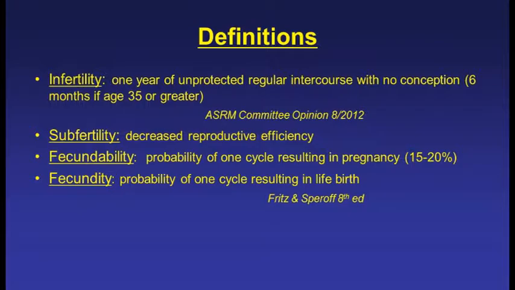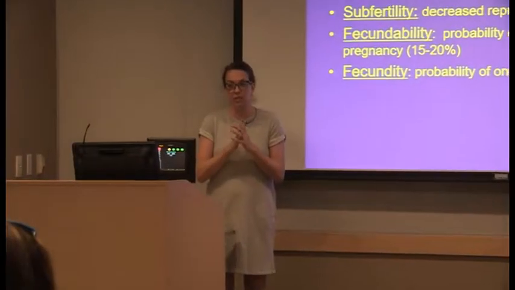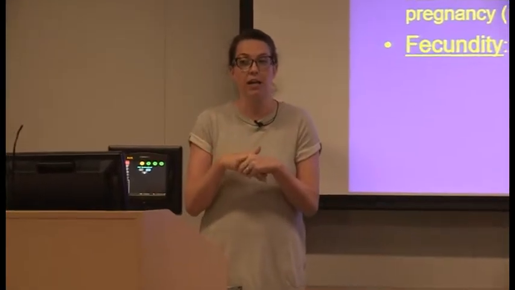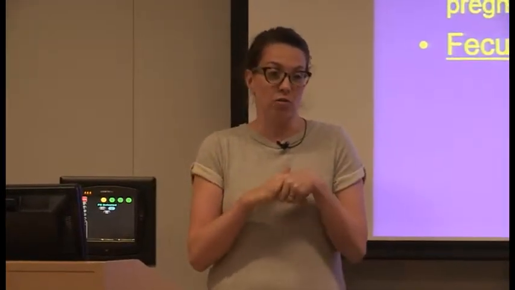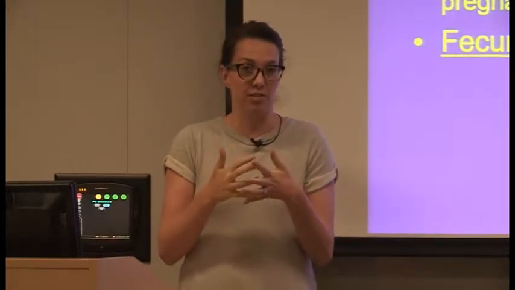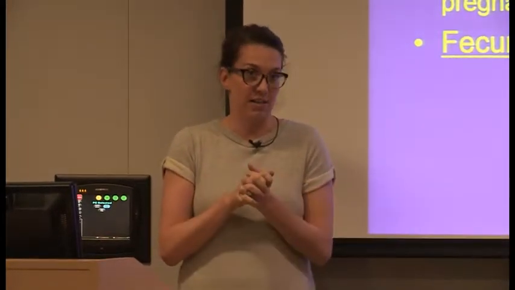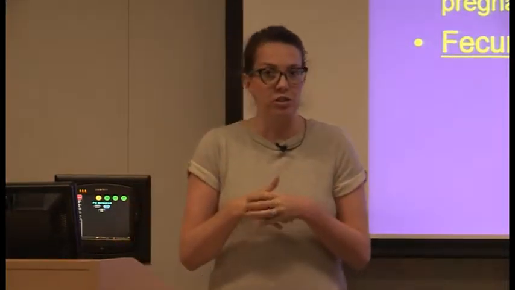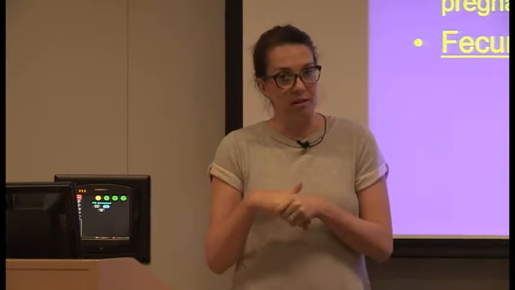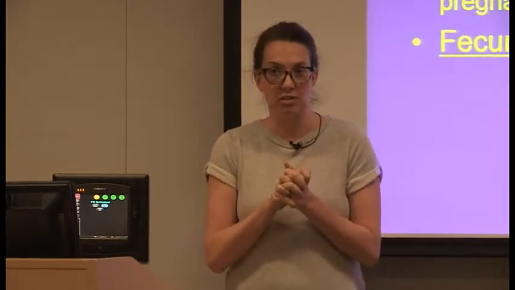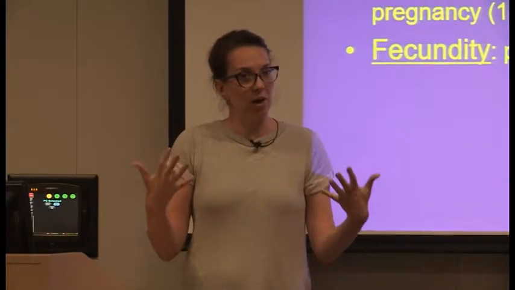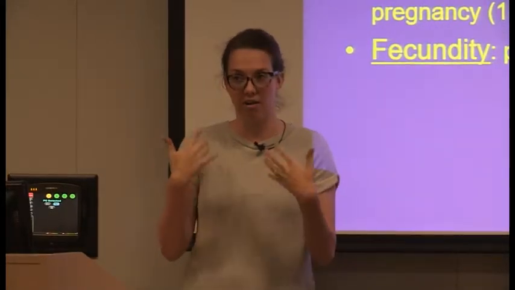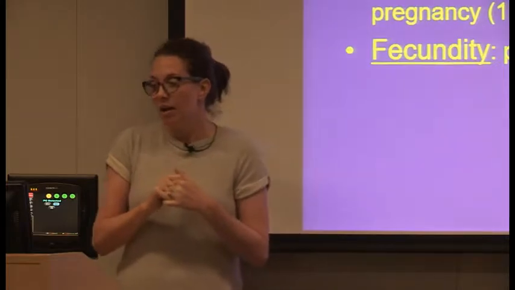Infertility can be diagnosed if a woman is over age 35 and they've been trying for 6 months and they're not pregnant at that time. Subfertility, which is what the majority of our patients have, is decreased reproductive efficiency. What I mean is, they can get pregnant, but it takes a lot of work and a lot of effort to get them there.